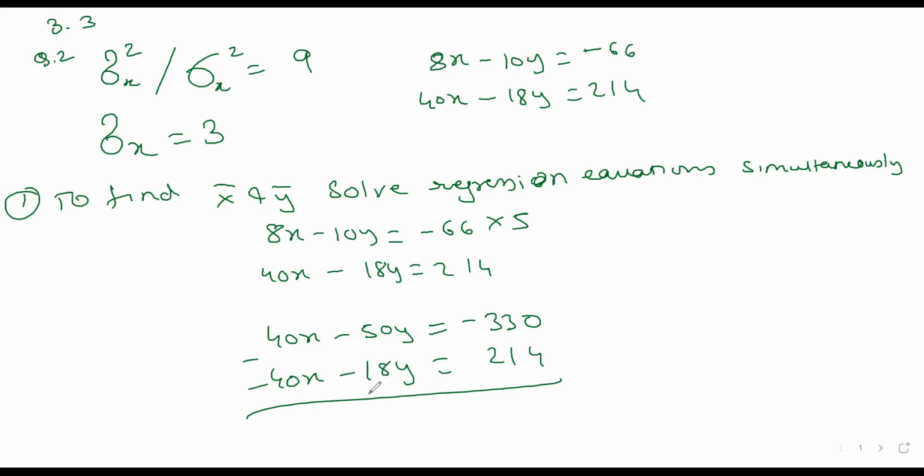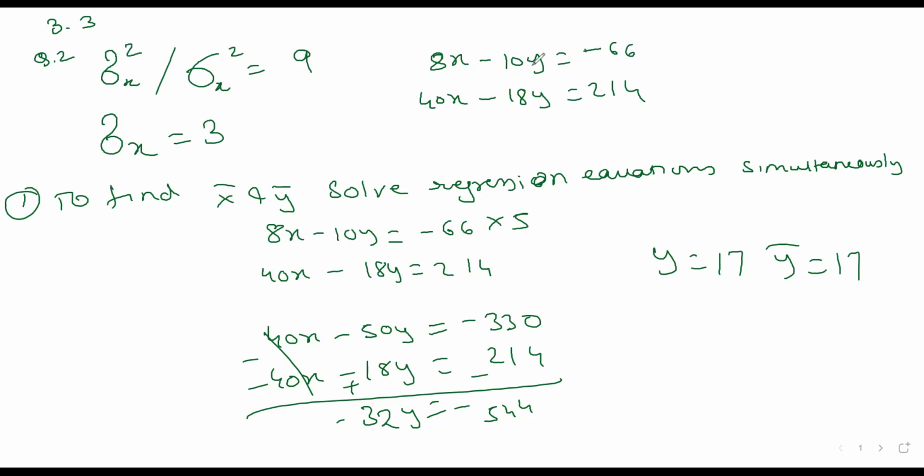So I will subtract: 40x will get cancelled, 50 minus 18 is 32, so minus 32y = minus 544. So y will be 544 divided by 32, that is 17. Now y is 17, that is bar y is 17.